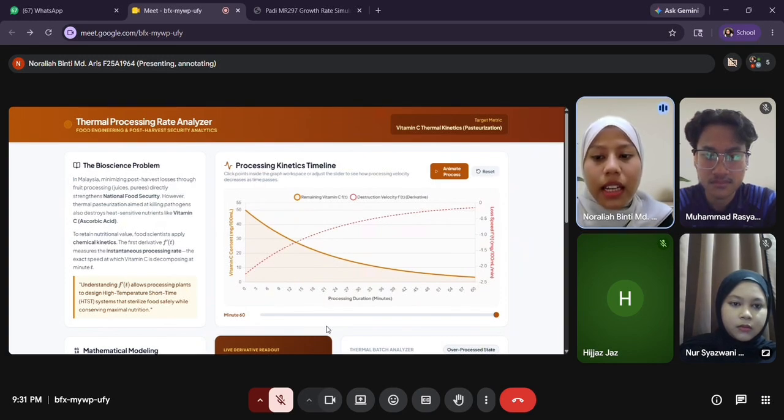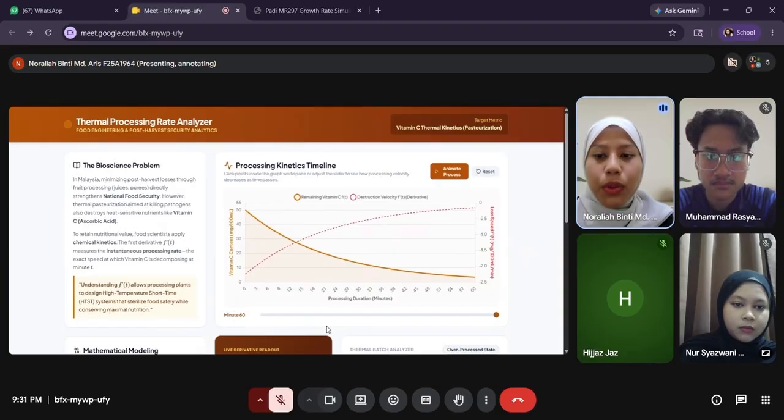However, this high temperature destroys highly heat-sensitive nutrients, most notably vitamin C, also known as ascorbic acid.